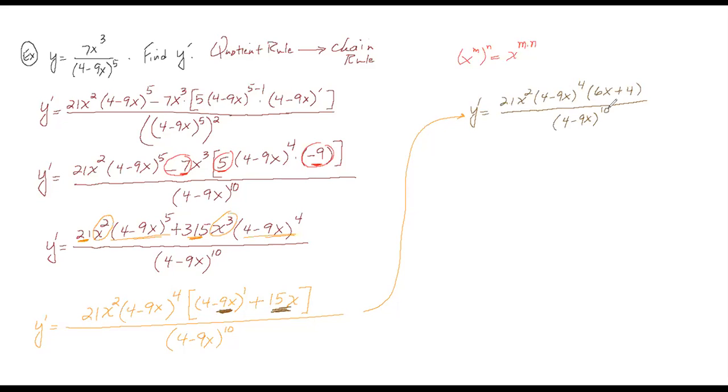So I need to simplify this now. These two. All right, so watch. 21x squared with 6x plus 4 on the top. And you take away 4 from 10, your final answer will be with 4 minus 9x to the 6. And there you go.